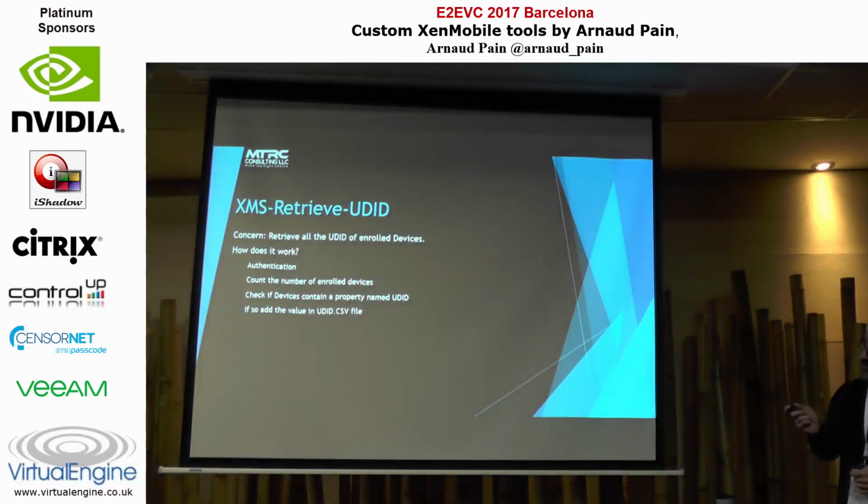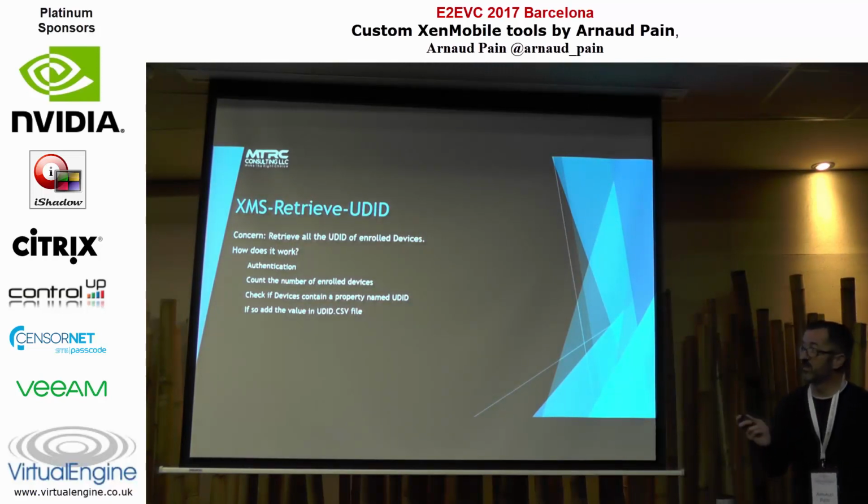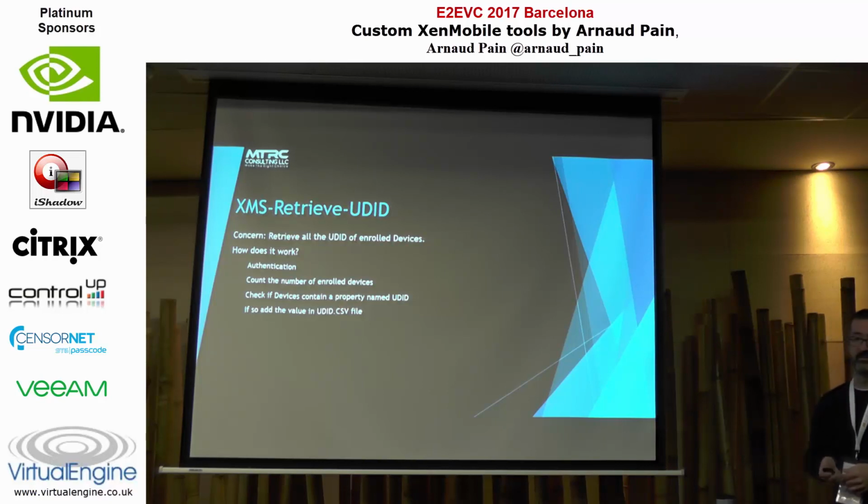The other one was for the UDID of iOS devices. The customer asked me to retrieve all the UDIDs of the iOS devices, which is a thing that you cannot do with the web console. So same thing, I create a script, I check for all the on-board devices, and I check the property whose name is UDID, and I retrieve it, and I create a CSV file.